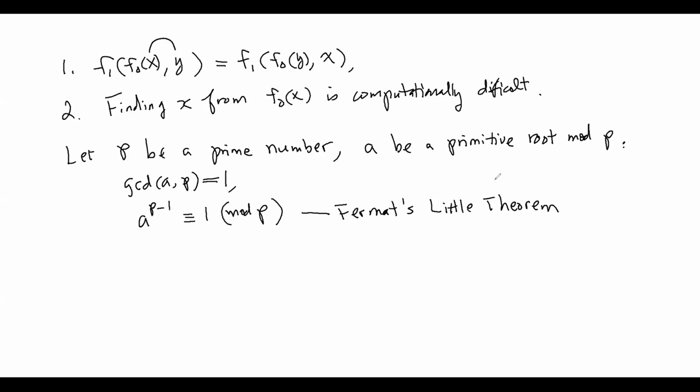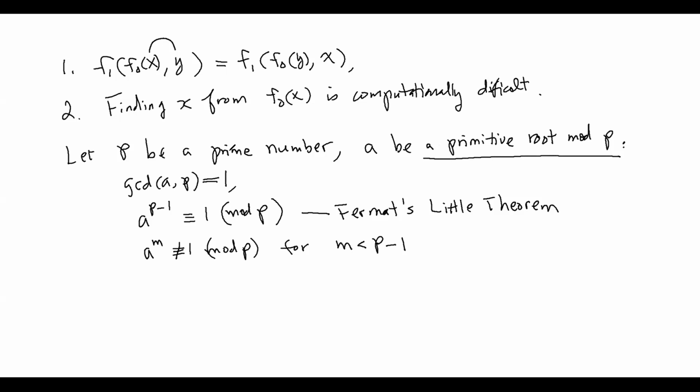We will revisit this later. And then A to the M is not congruent to 1 mod P for M less than P minus 1.